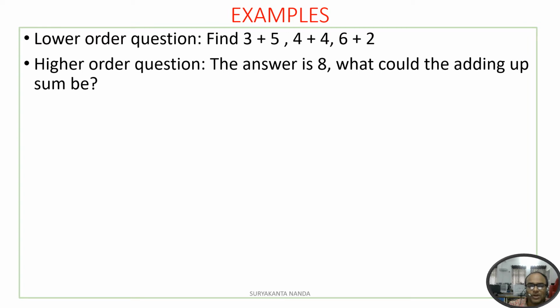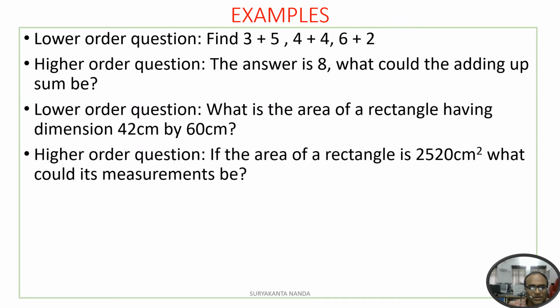For example, suppose a question is asked to the students, this is a lower order question: find 3 plus 5, or 4 plus 4, or 6 plus 2. Instead of asking like this, we can ask like this also. If the answer is 8, what could the addends be? Now this becomes a higher order question where analysis and synthesis are important.